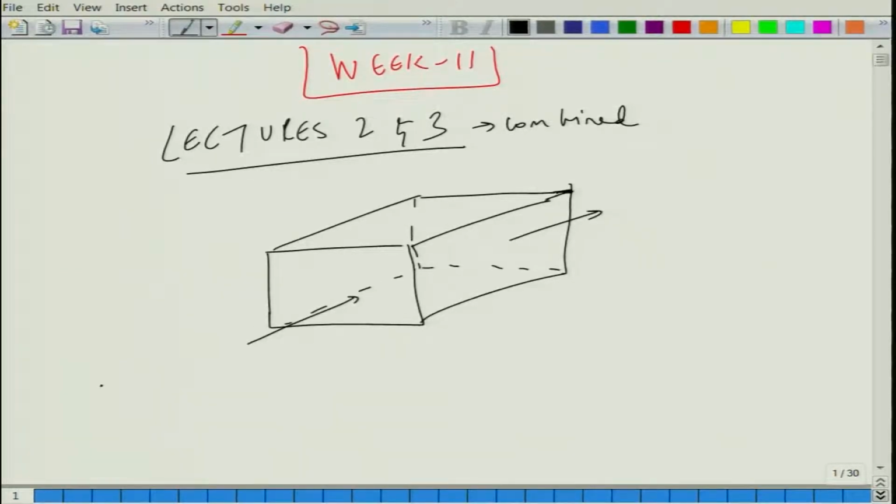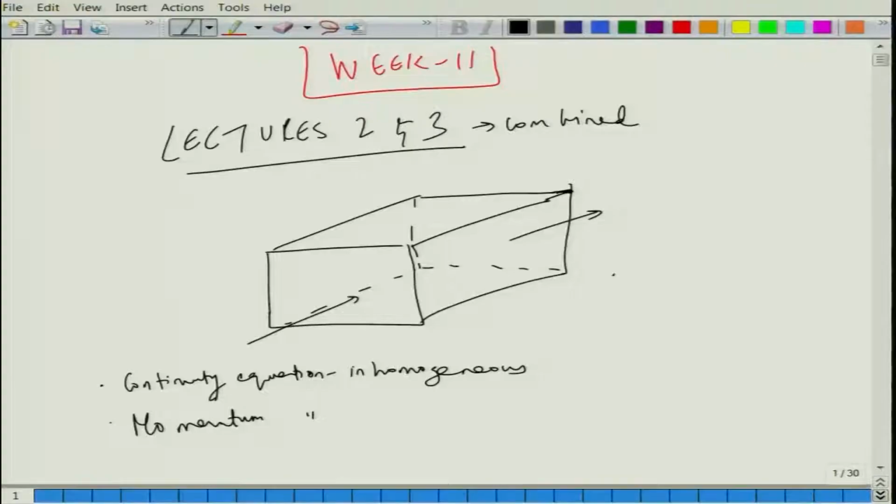Our first job is to rewrite the continuity equation which is now inhomogeneous and momentum equation which is homogeneous, and combine them to get one single inhomogeneous wave equation, or rather the Helmholtz equation, I am sorry.